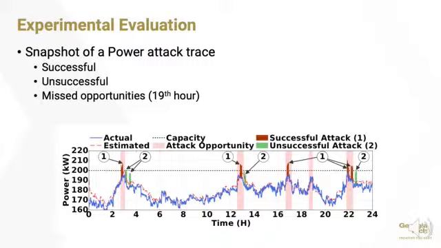There are also unsuccessful attacks, which are labeled as 2, due to overestimates of the benign tenant's power demand, and the increase in the attack load fails to overload the design capacity because of that underestimated power demand. It also shows missed opportunities.